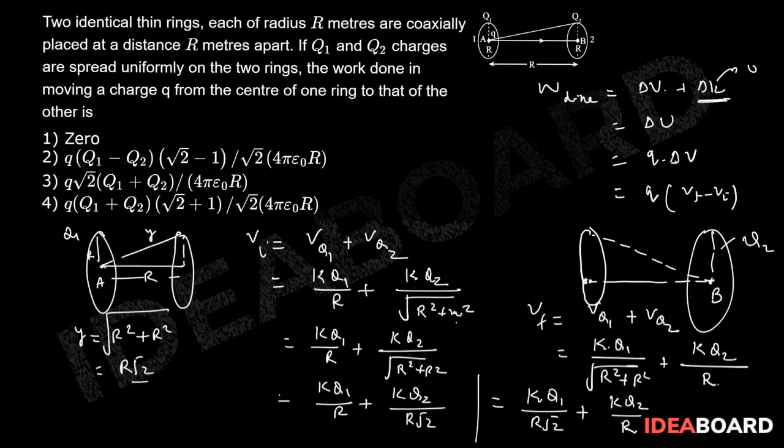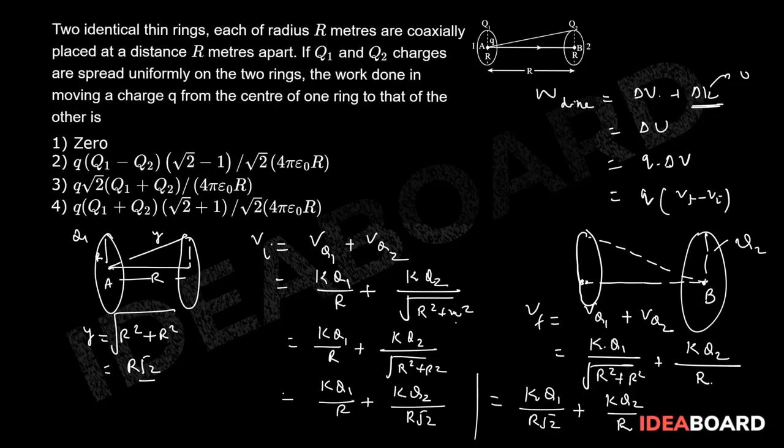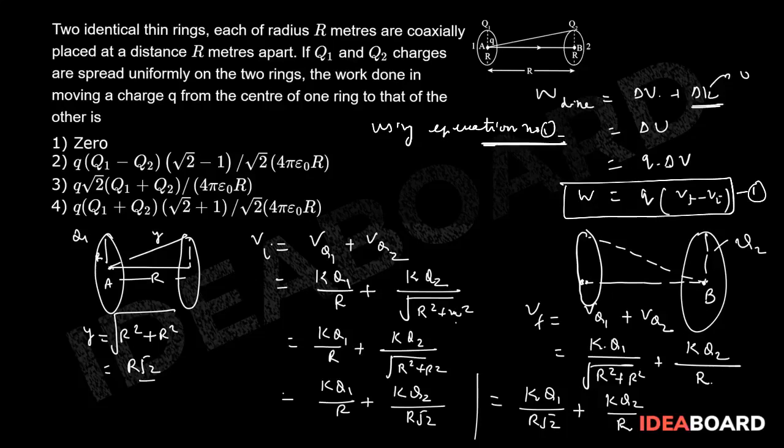Now, for the final values, you can use equation number 1. Using equation number 1, put the values of V initial and V final, and we get our answer.